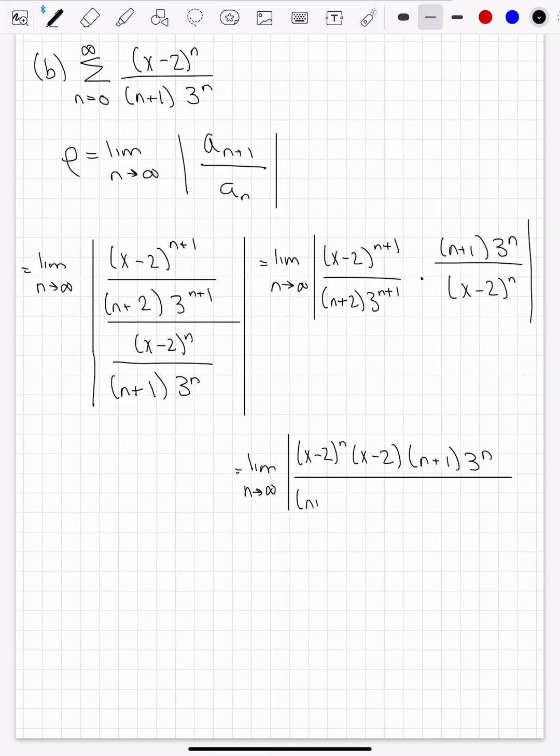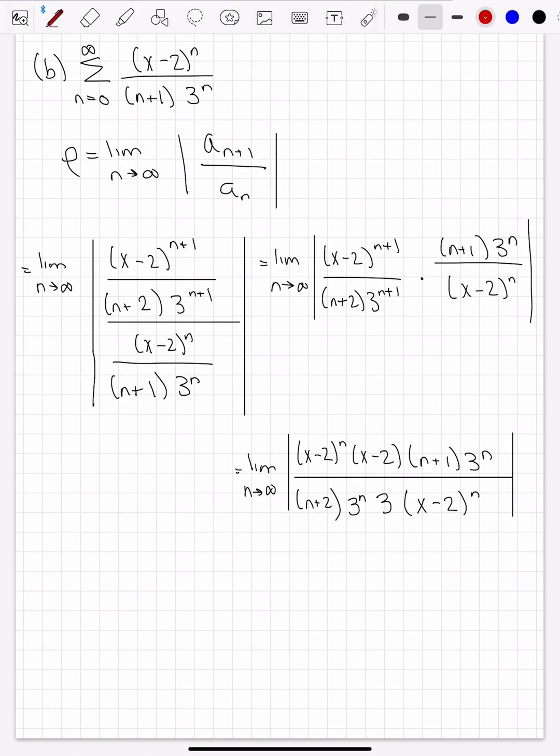Then we have n plus 2. And 3 to the n plus 1, we can split as 3 to the n times 3. Then we still have this (x minus 2) to the n that we bring down.